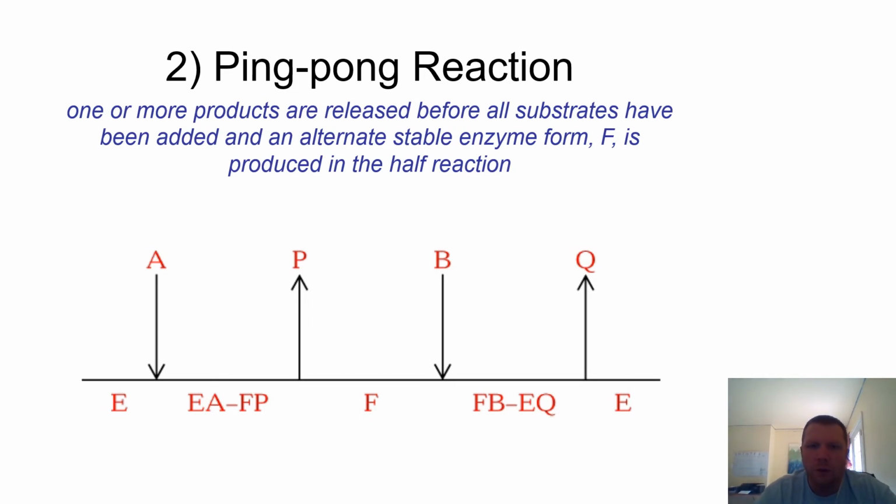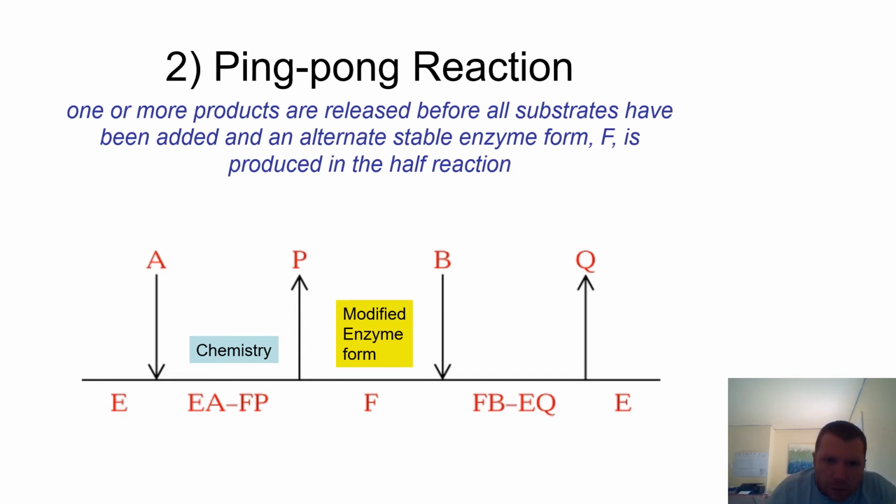Okay, so I'm going to go ahead and say that in this case, the free enzyme has to bind A. EA, well, that is going to be a scenario where a reaction takes place. Your first product is generated. Okay, so your enzyme, your E, binds to A, a reaction has taken place, and now the enzyme is a new form. It's the F form.